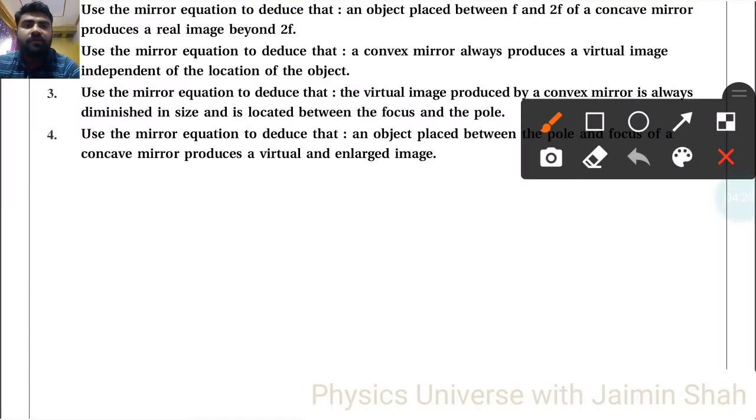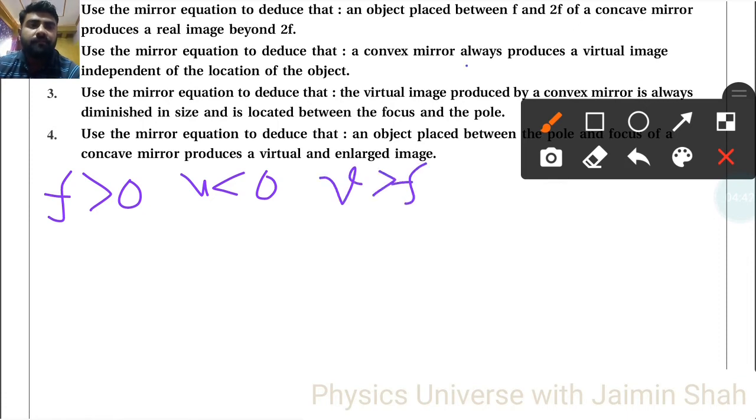Now the third question is: the virtual image produced by a convex mirror, where f is greater than 0 and u less than 0, is always diminished in size and is located between the focus and the pole. We know that previously we found for the same convex mirror that v is less than f.